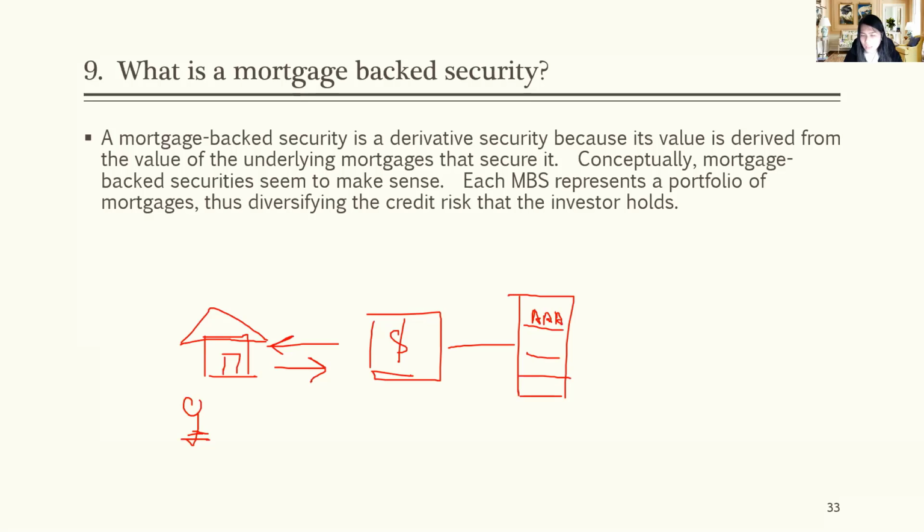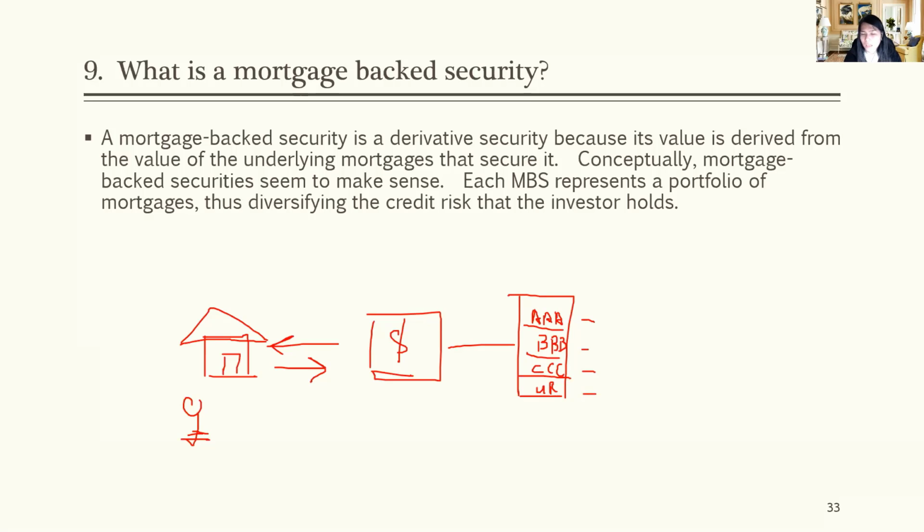Okay. So let's say this bank decides to issue 4 separate securities. This one is unrated, right? Based on my mortgage loan, and each of the securities has a different rating, with the top one being the top rated and the bottom one being the riskiest one.